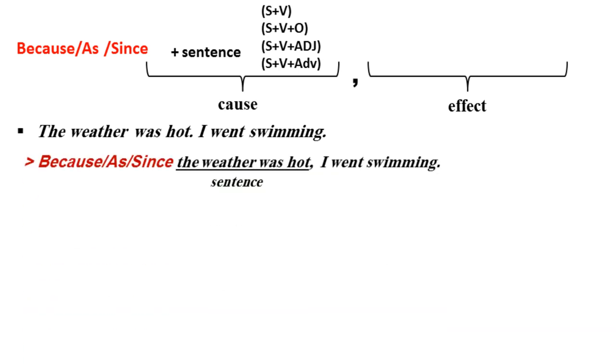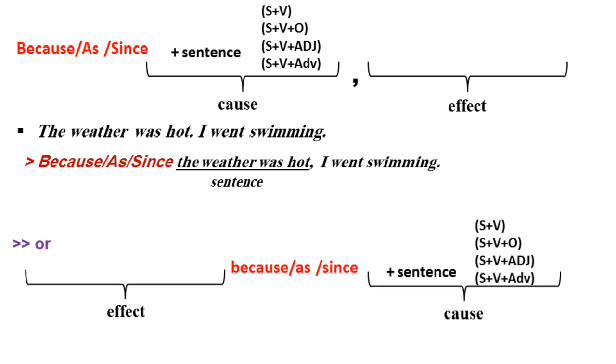So the answer: because, as, since the weather was hot, comma, I went swimming. Look at the cause following because, as, and since. It is a sentence. The weather is the subject, was is the verb, hot is an adjective.